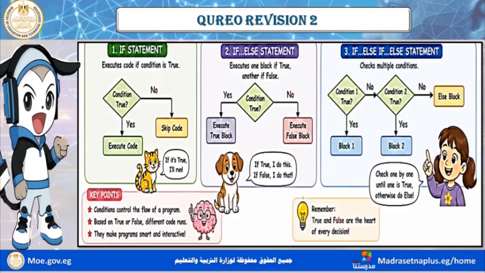So can we use many else if here? Yes, we can use if, else if, else if, else if until the cases are finished, and then for the last one we use an else statement, only else.